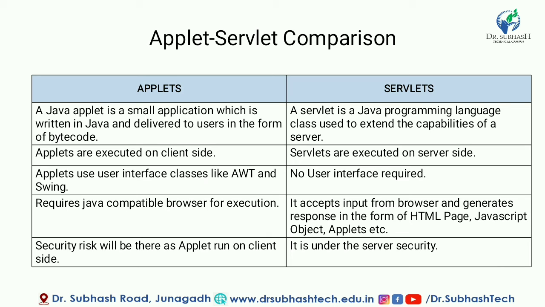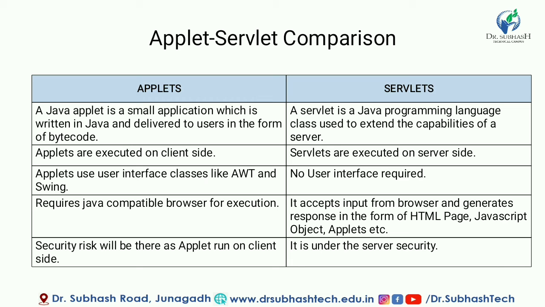A Java applet is a small application which is written in Java and delivered to users in the form of bytecode. Right, this is the Java code and then it is converted into bytecode and delivered to the user. Next, servlets. A servlet is a Java programming language class used to extend the capabilities of a server, which we have seen in the previous slide.